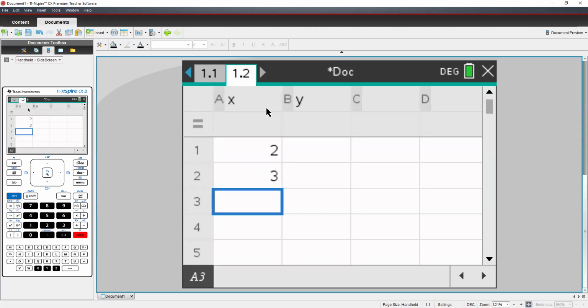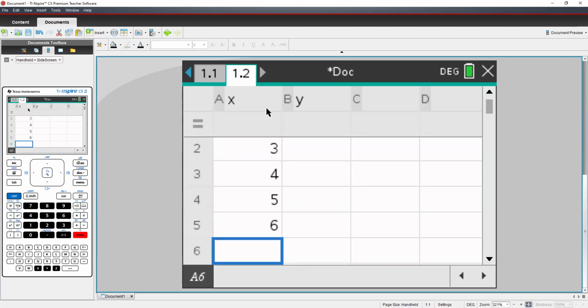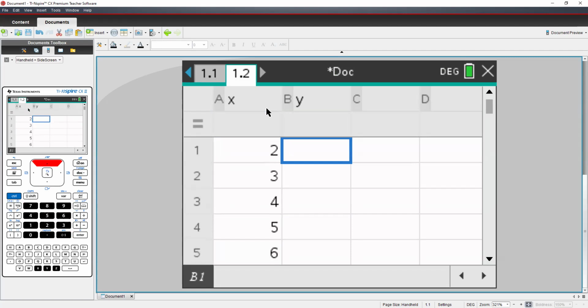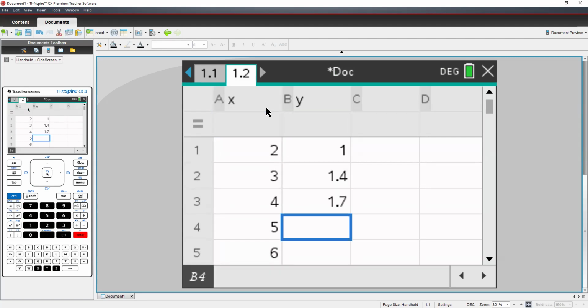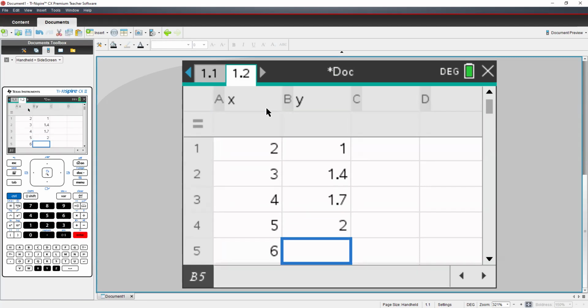So that's 2, 3, 4, 5, 6, 7. And then we get 1, 1.4, 1.7, 2, 2.2, and 2.3.